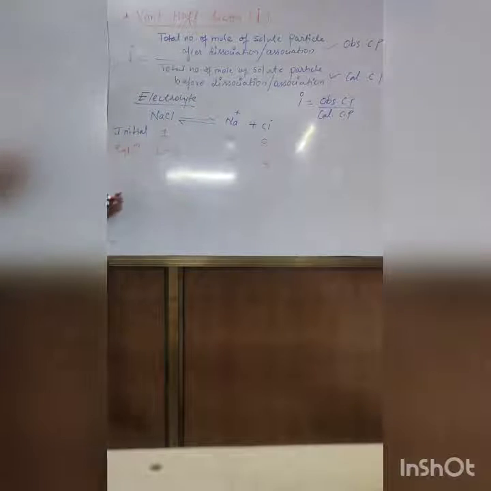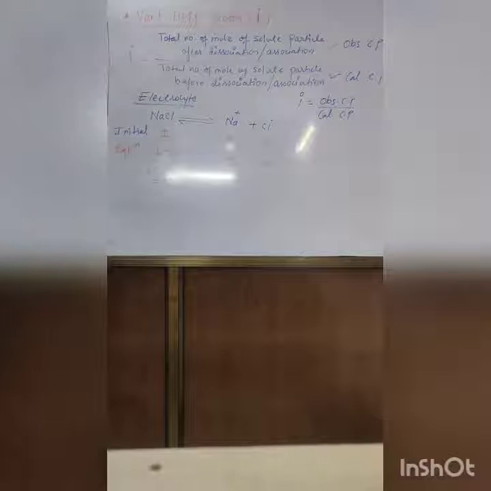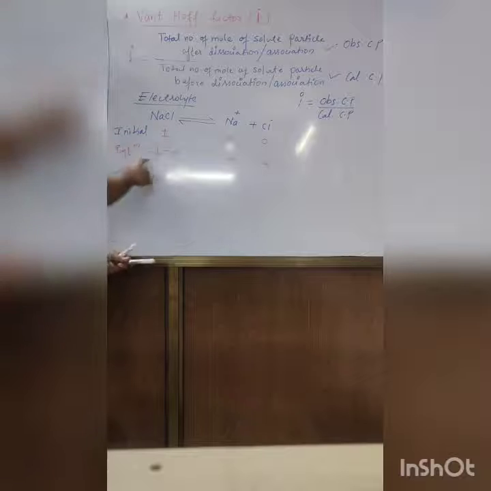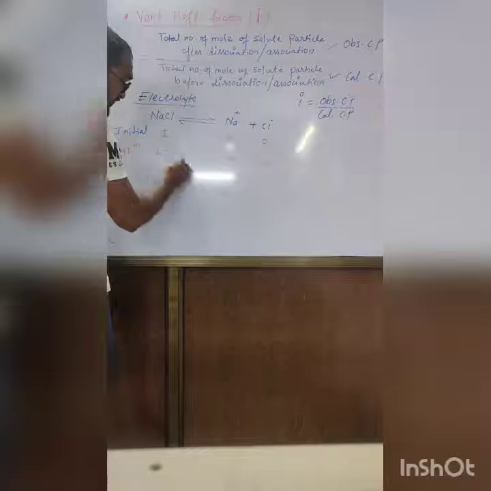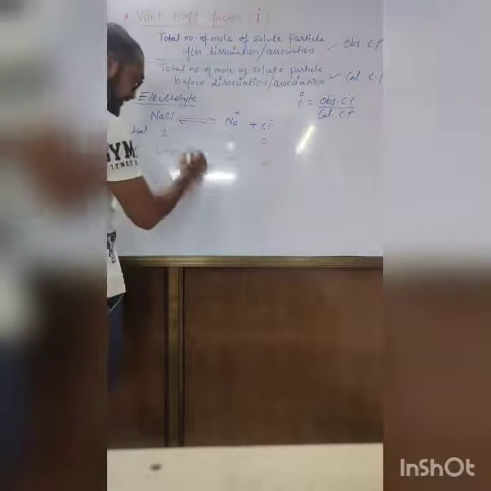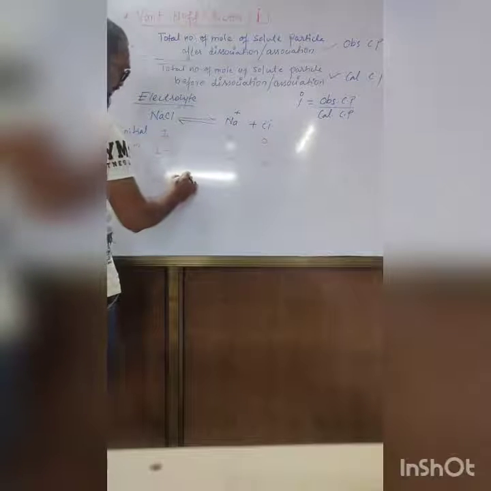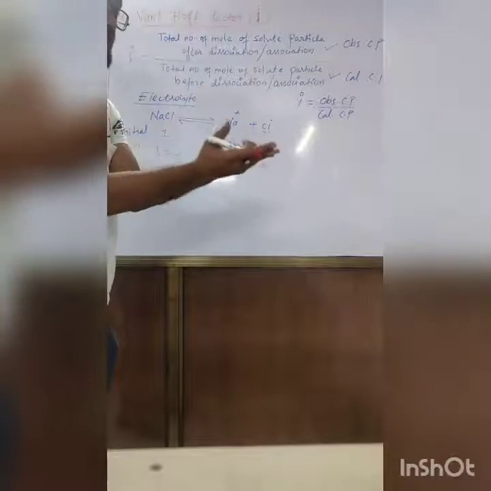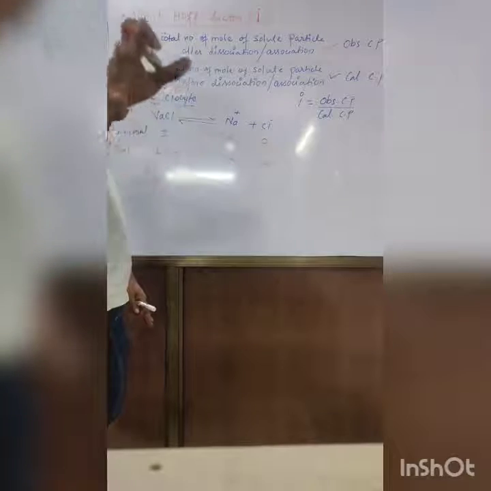So here, if we calculate i, total number of moles of solute particles after dissociation: what will be present? 1 minus alpha, plus alpha, alpha which dissociates, and also in our solution there is a presence of undissociated solute.